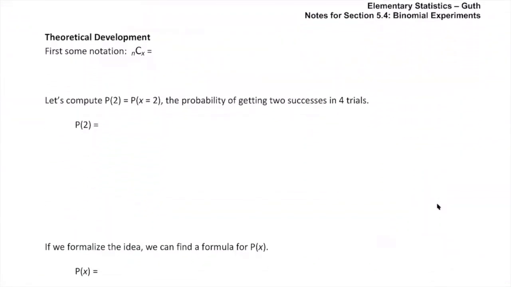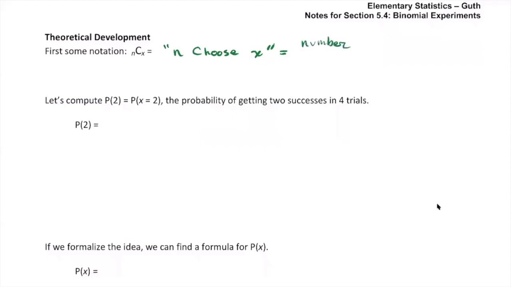First of all, some notation. This nCx notation, we read n choose x. Okay, so this is the number of ways to choose x successes from n trials.